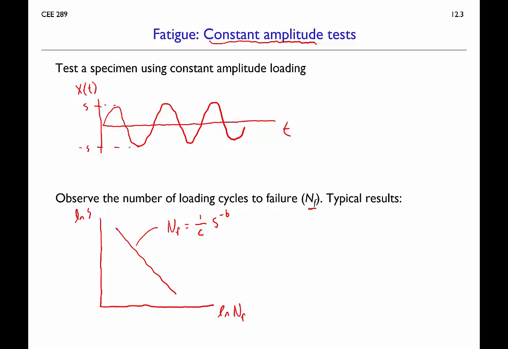And then if you take logarithms of both sides, you get a linear function. So that's why it's linear in log scale. So that we've got S versus N here. And so this type of figure gets called an SN curve. And we're typically using this for high cycle fatigue.